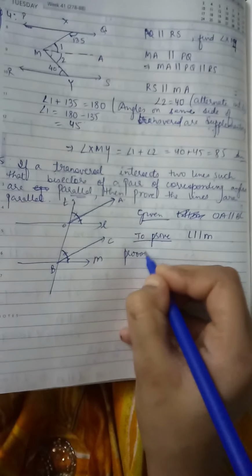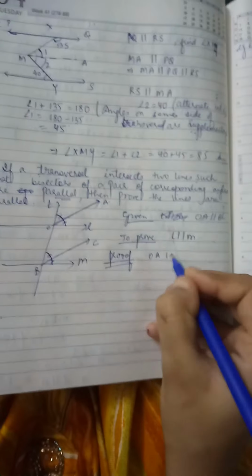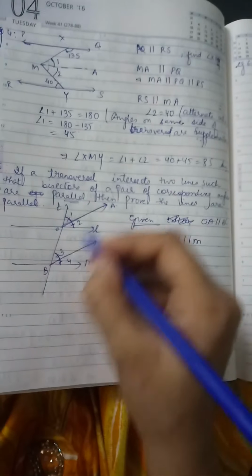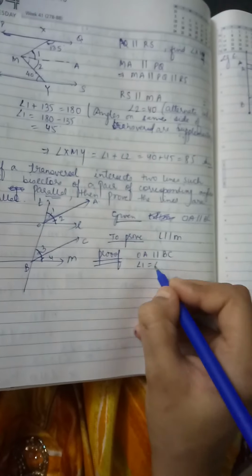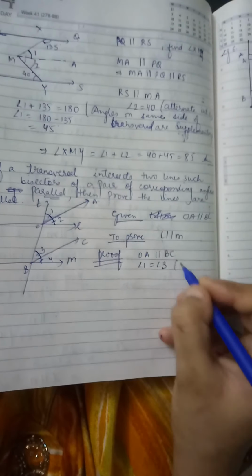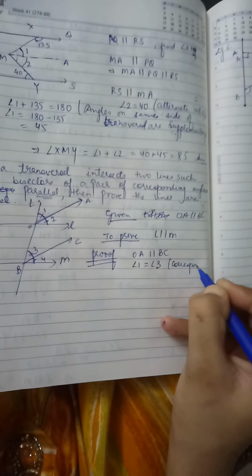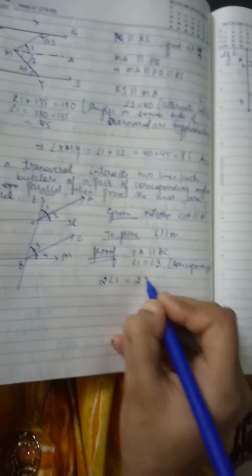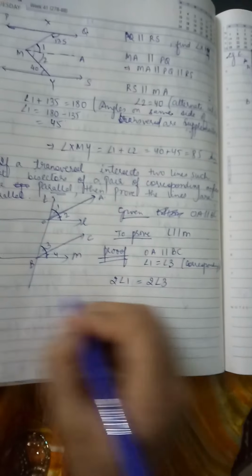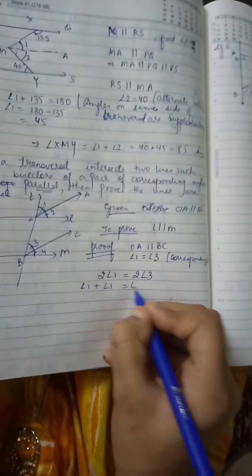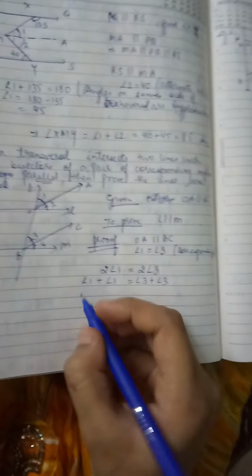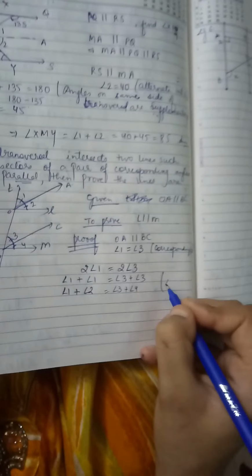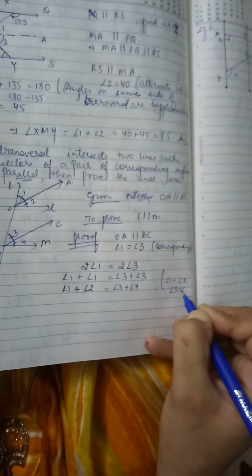So proof. If OA is parallel to BC, label these angles 1, 2, 3, 4. If OA is parallel to BC, therefore angle 1 is equal to angle 3, corresponding angles. If I multiply this equation by 2, that means angle 1 plus angle 1 is equal to angle 3 plus angle 3, or I can write angle 1 as angle 2 and angle 3 as angle 4, because angle 1 is equal to 2 and angle 3 is equal to 4.